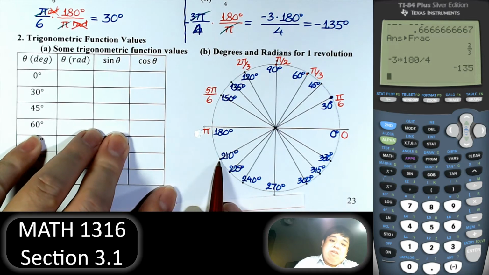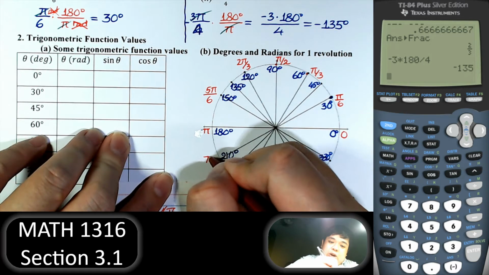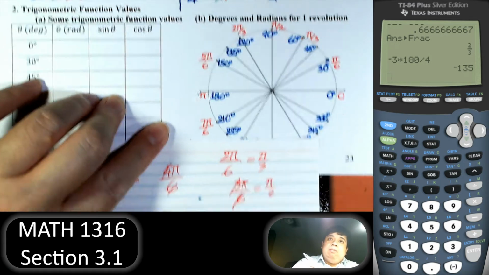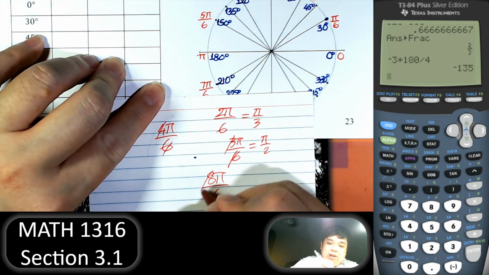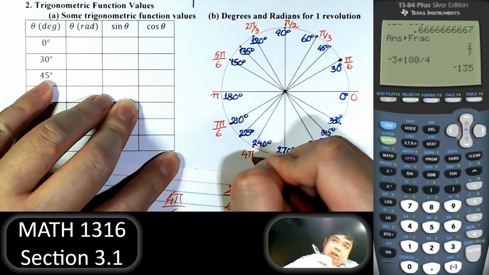7 pi over 6, that does not cancel at all. 8 pi over 6, 2 and 6 cancel out, that's 4 over 3, so 4 pi over 3.